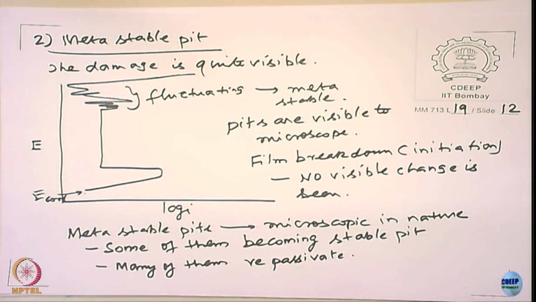At E pit and above, for sure the pitting will take place. Hope I am making the point clear to you. So the concept of saying that E pit corresponds to pit initiation is not the right terminology to use. All we can say is that yes, the pit will start stabilizing at that particular potential. Okay, am I clear to you actually? So this is something very important to look at.